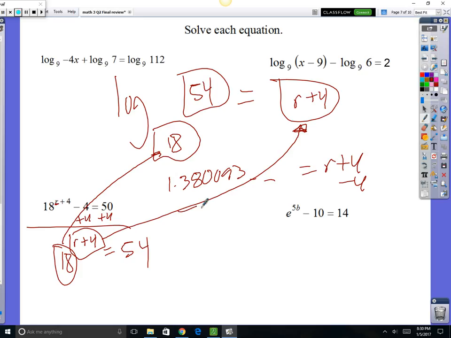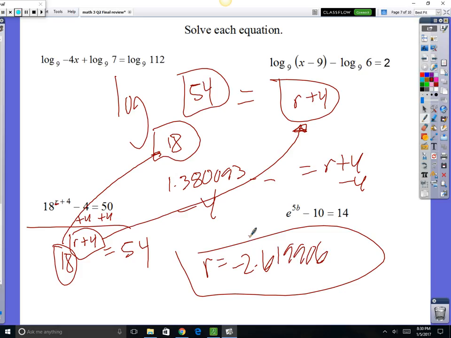So minus 4 minus 4. So if you do that number minus 4, r actually equals a negative 2.619906, and so on and so forth.